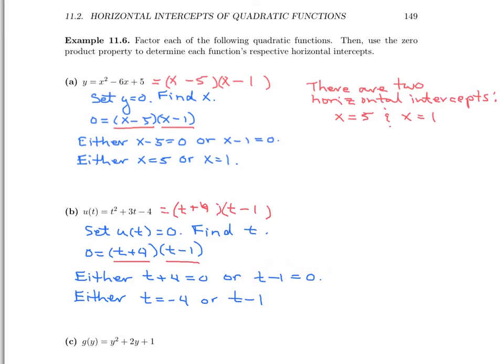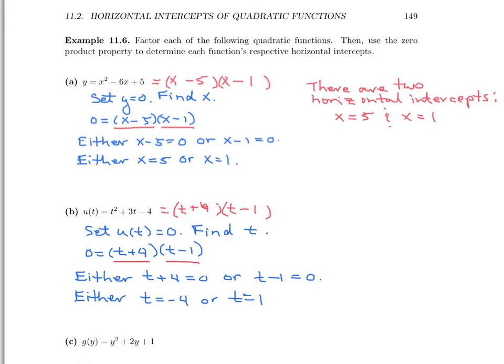So when we set the output of this function equal to 0, we find that there are two input values that cause the output to be 0.